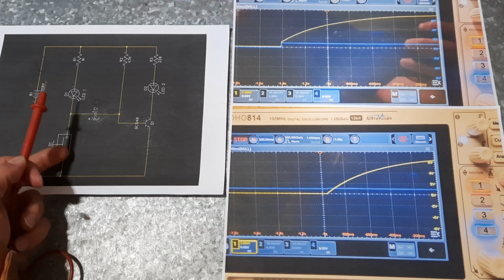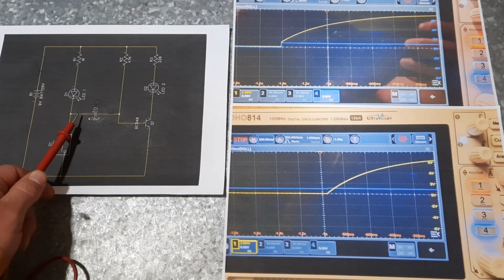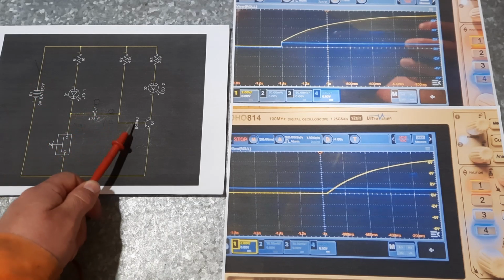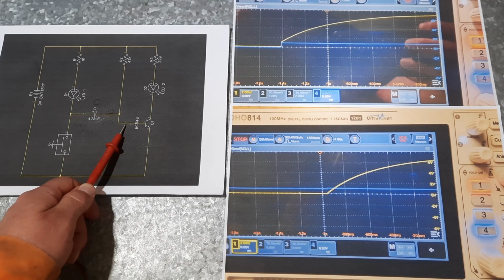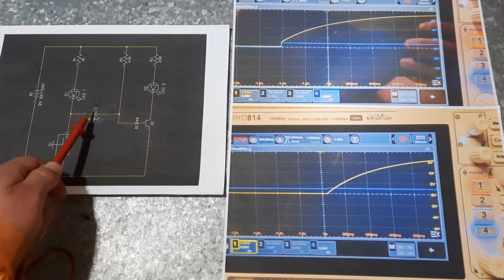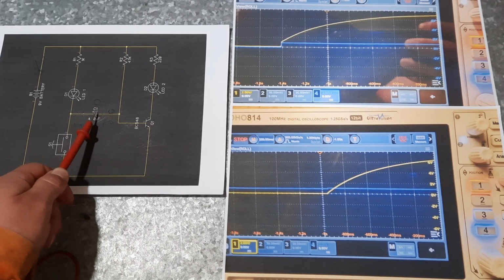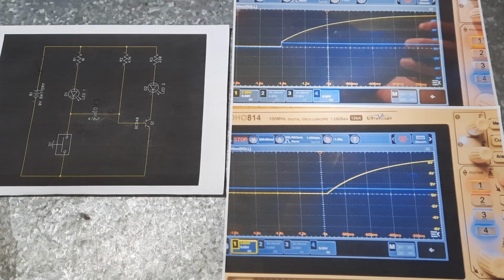If I'm holding that button in and this has fallen through 0, that can still be at 0.7 of a volt because this is now reverse charged, and it can have a reverse charge across it.